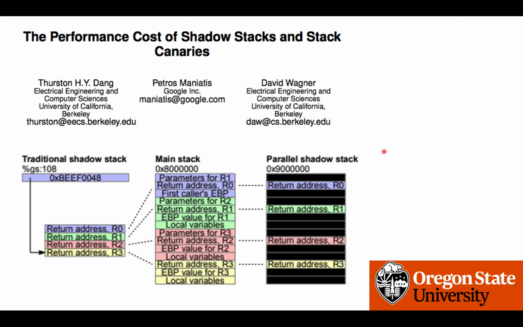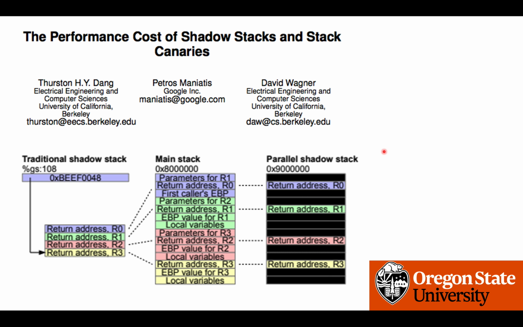That affects the branch predictor and the speculative execution behavior, which are critical to the processor's performance. So applying a shadow stack affects the performance of the program, and that's why it's not used in reality.